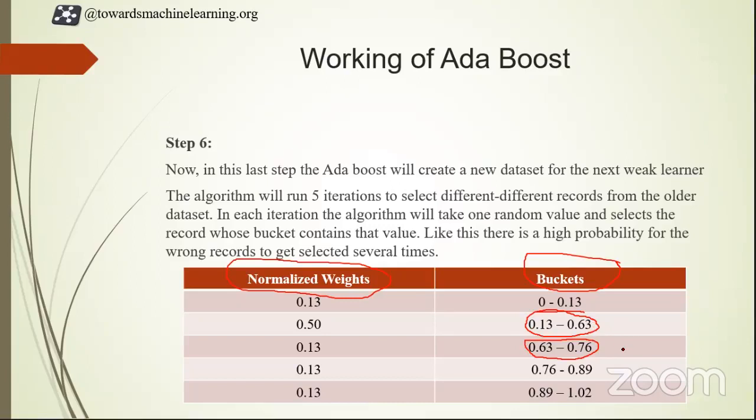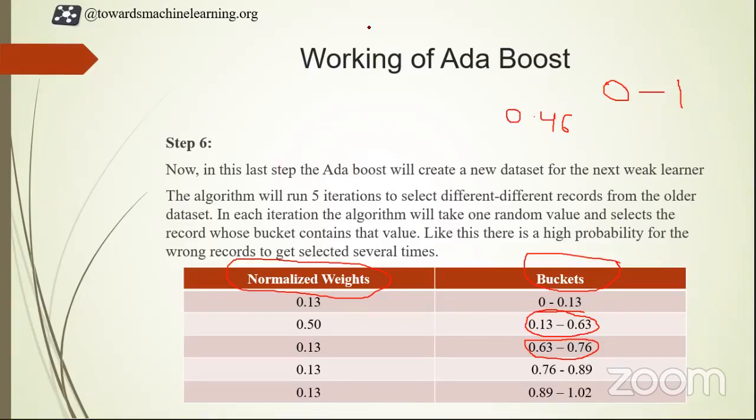AdaBoost will run 5 iterations to select the different records. Each time it will generate one random value between 0 and 1. Let's say in the first iteration AdaBoost has given us a random value of 0.46.